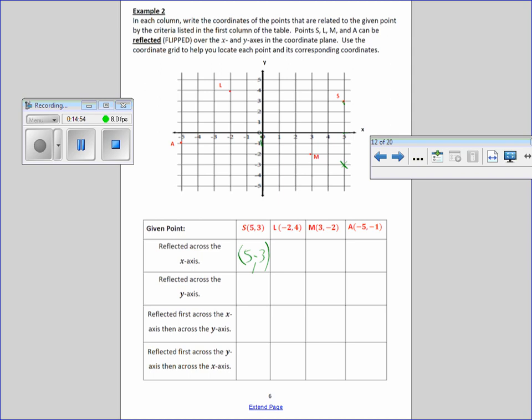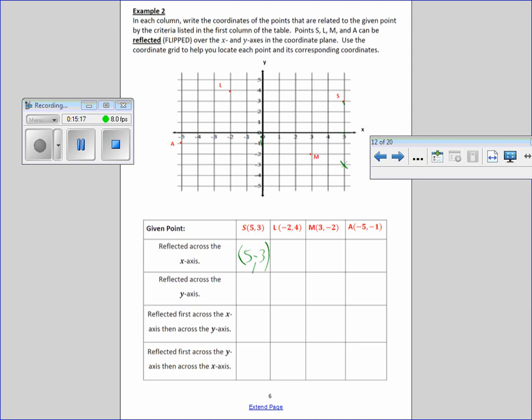Okay, now here's where it gets confusing. Go back to point S. Now reflect that same point S over the y-axis. Here's my y. Where do I got to go? What quadrant am I going into? Dylan. Going into quadrant 2. I'm going to reflect the same distance from y.